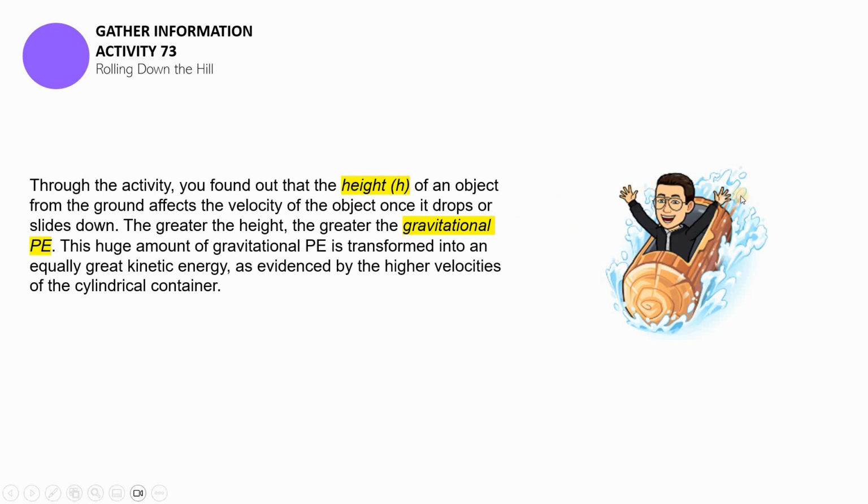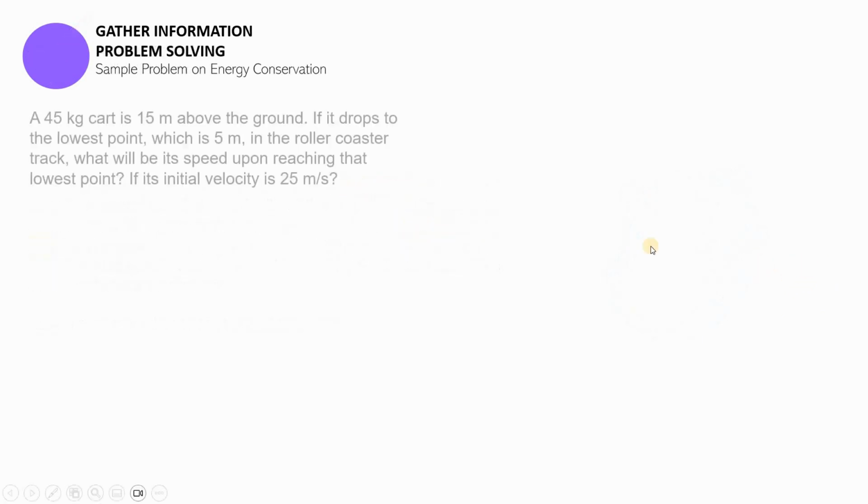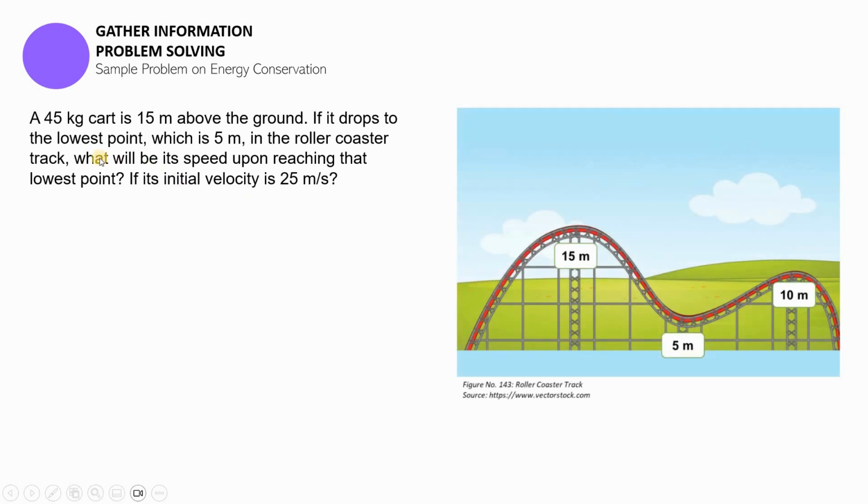Okay, so now that you have an understanding of the concepts, let us put them mathematically. In the next part of this video lesson, let's consider the following problem. A 45 kilogram cart is 15 meters above the ground.